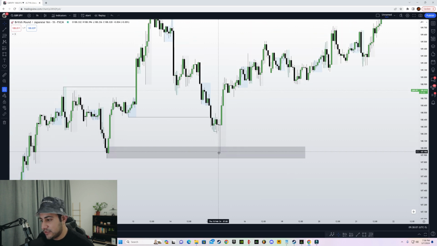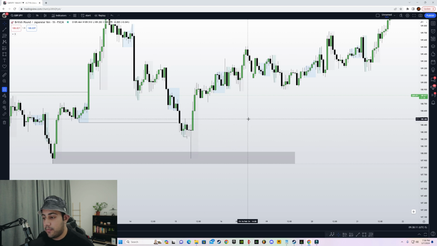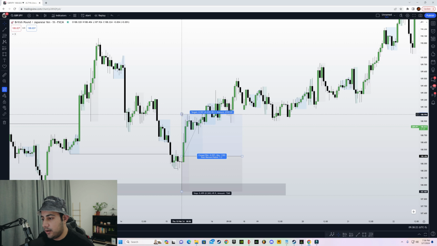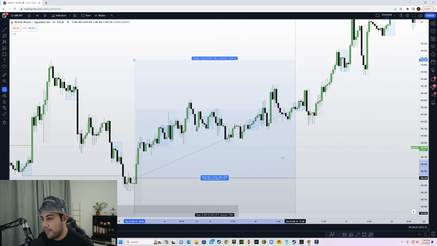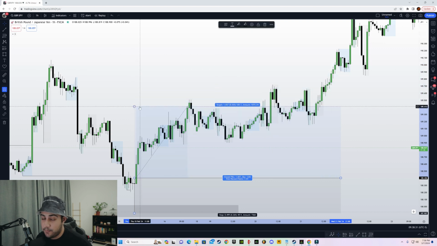As soon as price taps into our POI, we are looking for a 3-pin bar pattern, and we have the first candle, the second candle, and as soon as the high of the second candle breaks, we are entering the trade, putting our stop right below this low, and we are going to target the closest target, which could be this, giving you 3.3. Or you can simply go for 1 to 2 risk to reward ratio. Very easy, guys. Nothing is complicated about this. If you stick to trading this strategy, you're going to make a ton of money.